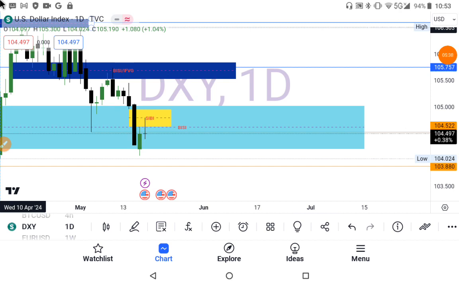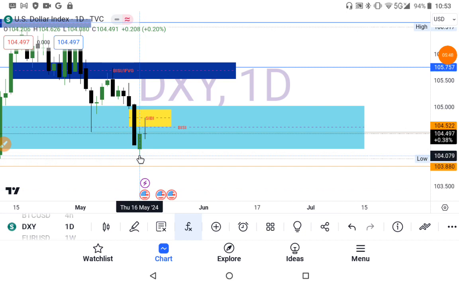It has to clear 104.080, which was the previous week's low. I expected it to be taken.